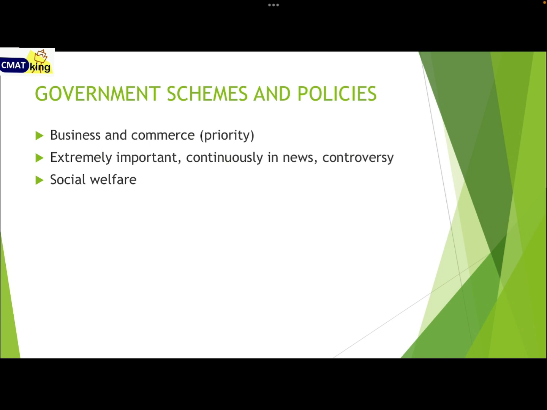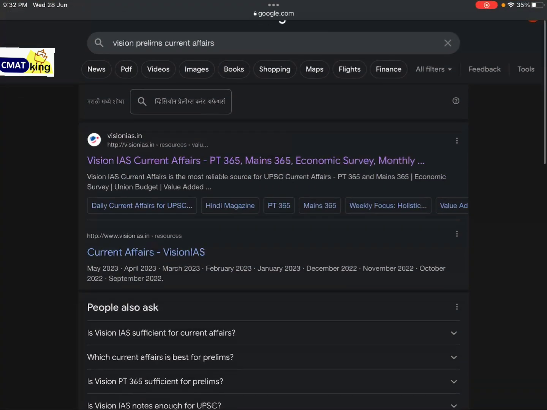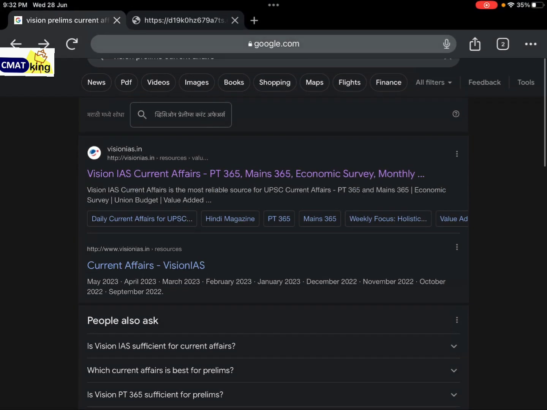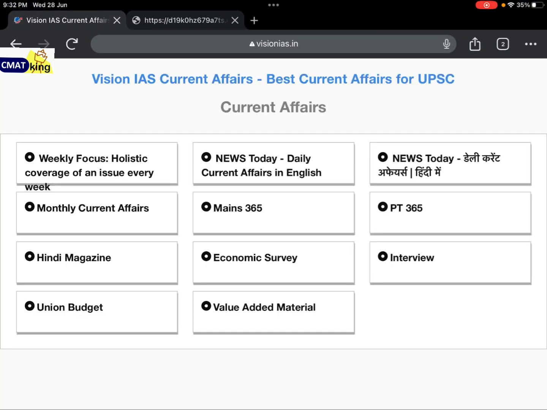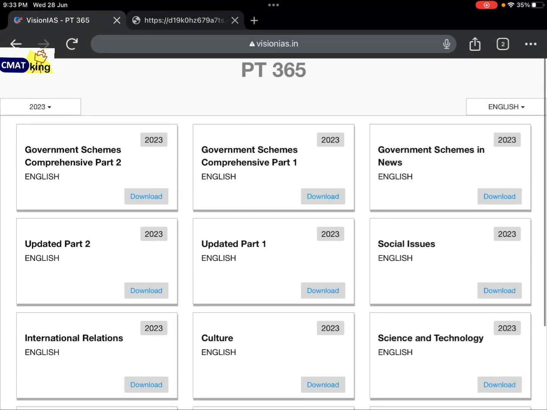And this is one source through which you can study government schemes and policy. Google Vision Prelims Current Affairs. Here there will be PT 365, and here you can see there are government schemes part 1, part 2.